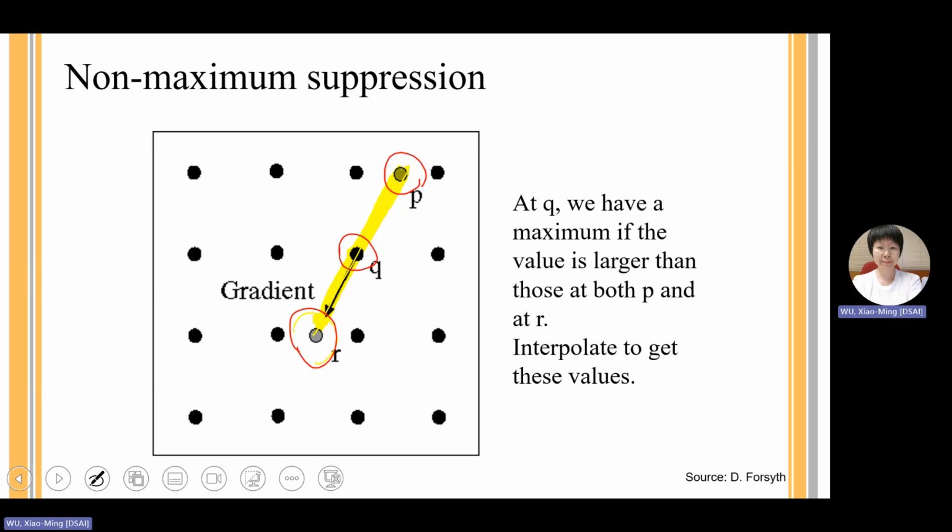But the 2 points are not real pixels. They're not real pixels within an image, right?